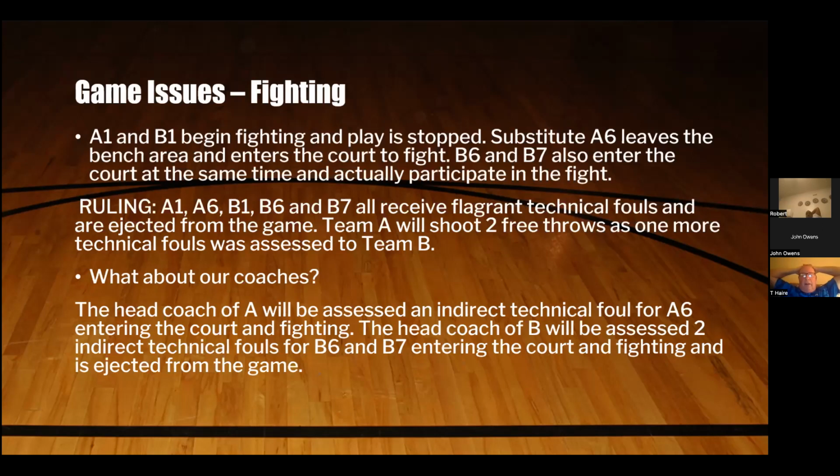Does everybody understand the difference in that situation and the situation previously where the substitutes that came in did not fight? Because that's the important distinction here. Any questions on that? Outstanding. Moving on.